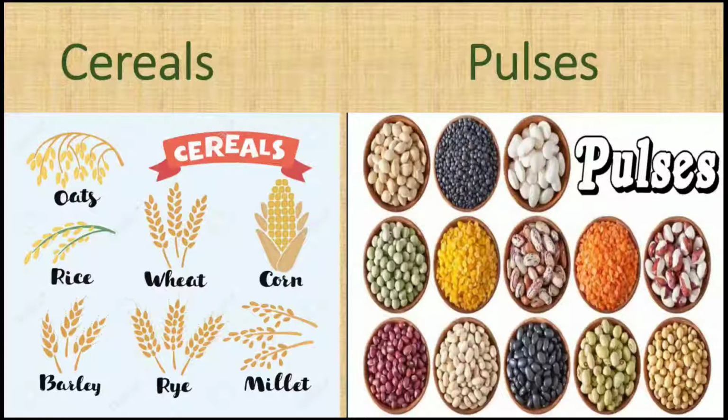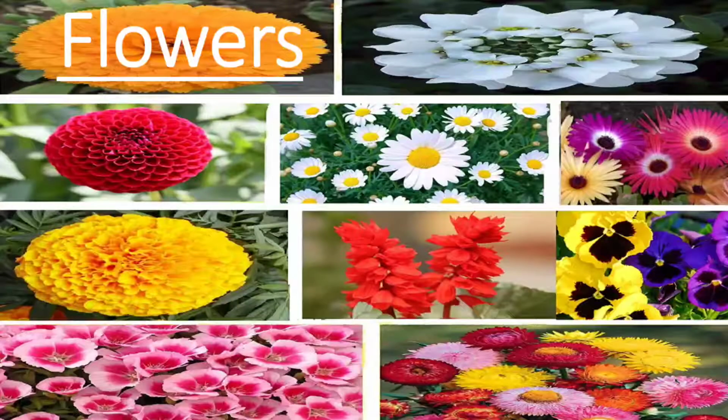Pulses are dals like tur dal, masoor dal, urad dal. Plants give us beautiful flowers which also have attractive colors and fragrance. Fragrance means smell. Do you know, boys, we can make perfumes from sweet smelling flowers such as rose and jasmine.